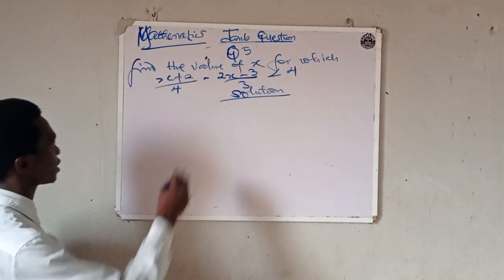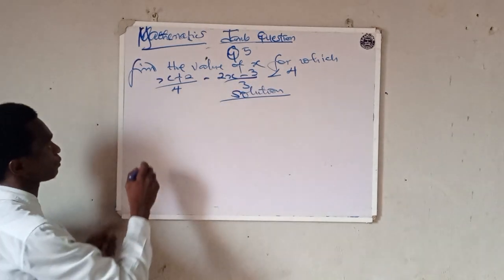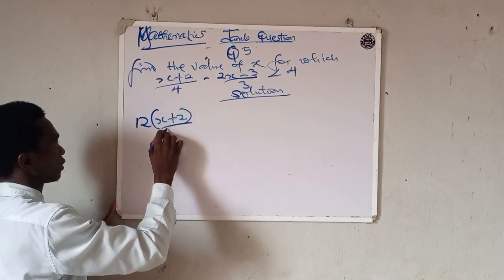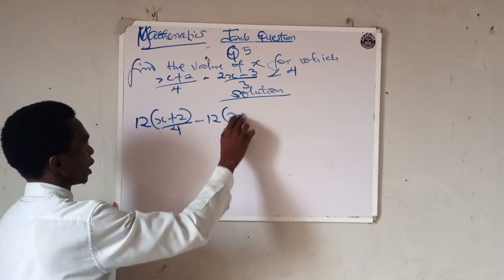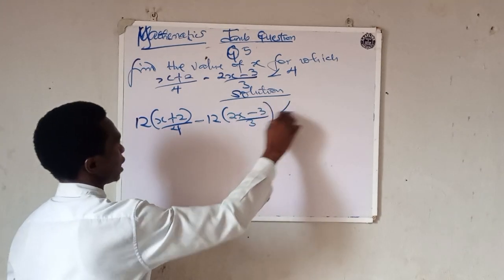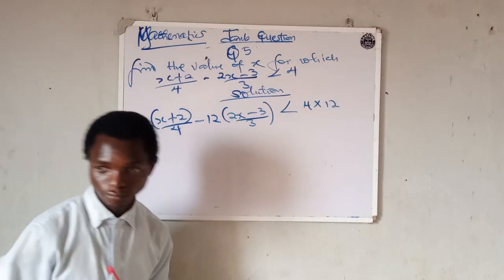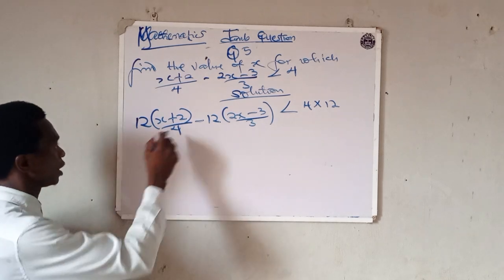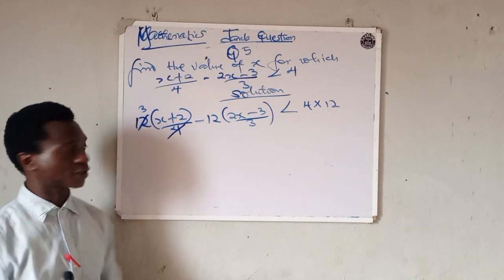So let's multiply all by the common LCM, which is 12. So we're going to have 12 times (x plus 2) over 4 minus 12 times (2x minus 3) over 3 is less than 4 times 12. That is what it means to multiply all by 12. Now 4 cancels here; 4 goes into 12 three times.